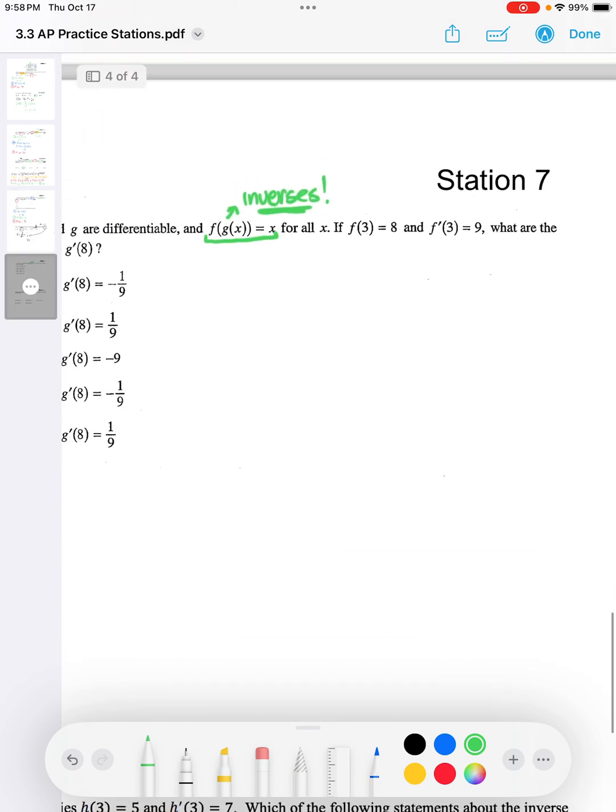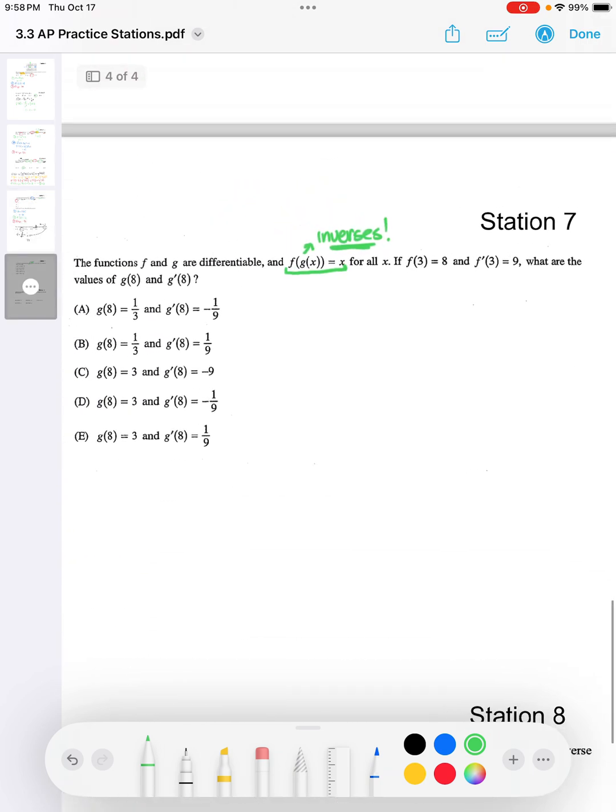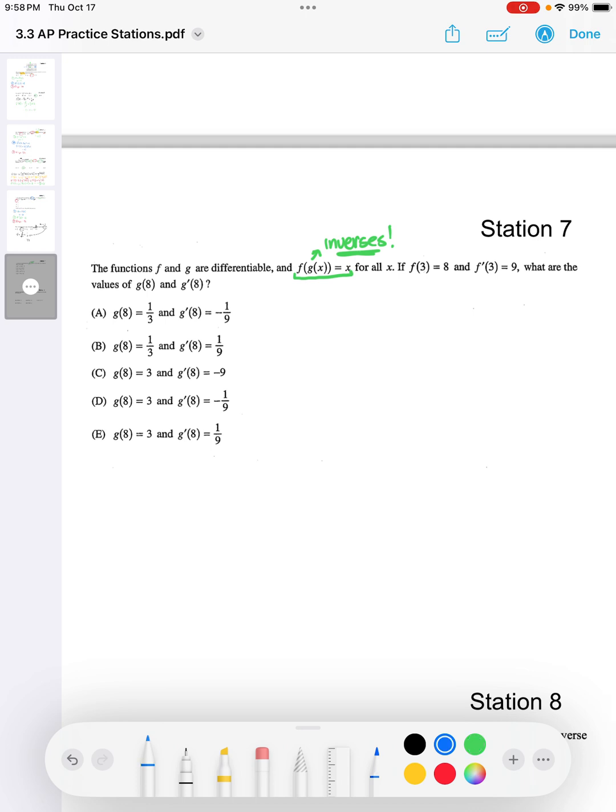And so if those are inverses, then we can go ahead and run through our steps for our inverse function. We're looking for, okay, step 1 should answer this g of 8 question. And then we want to answer g prime of 8 using our 3 steps. So let's look for g prime of 8, and then we can kind of figure out what else is going to be there.